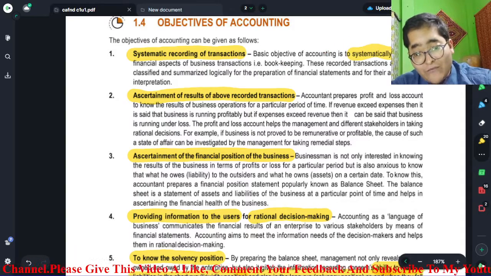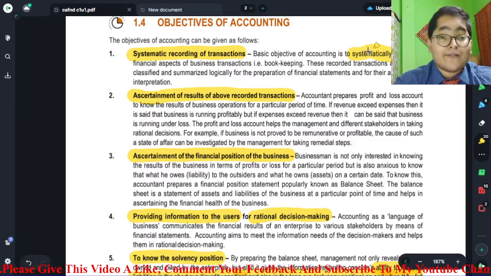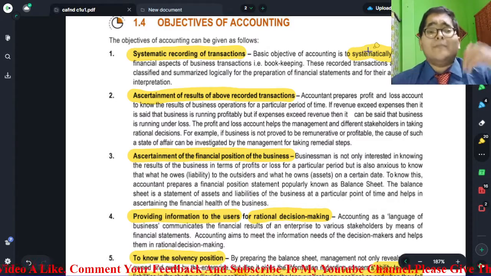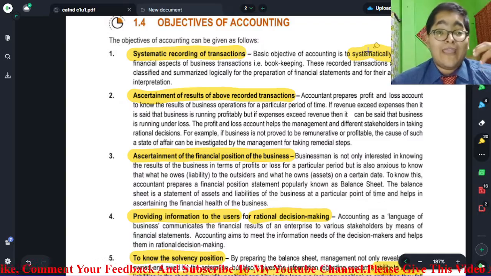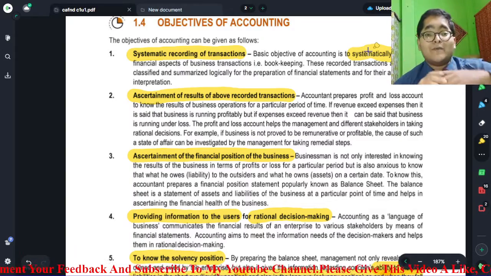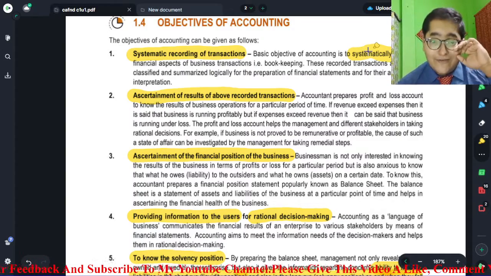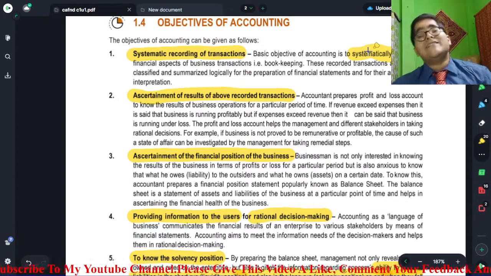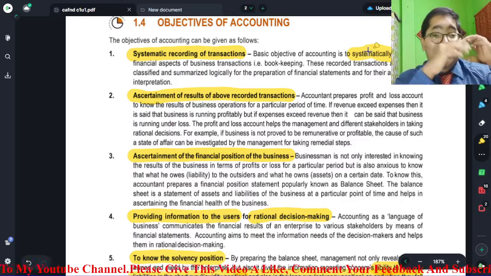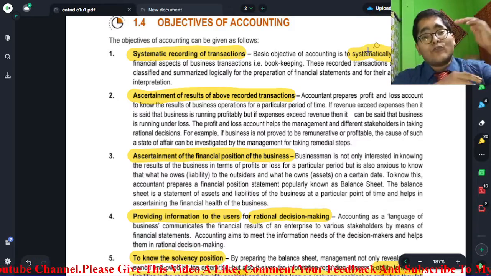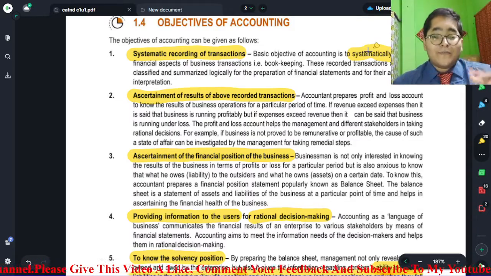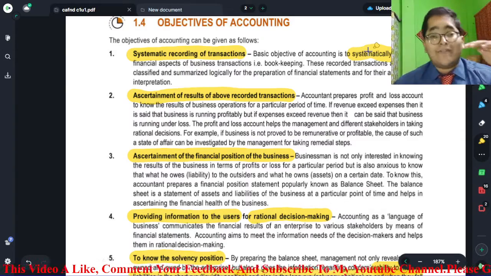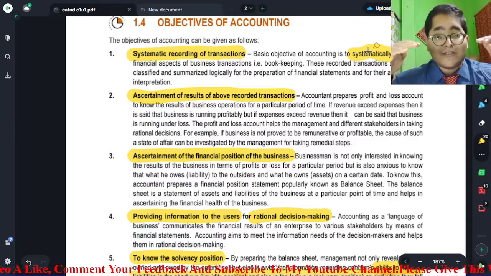This is the important keyword, systematically record, because information which is not recorded systematically would mislead or would not be usable to the proper extent. That is why it needs to be systematically recorded. For example, systematic recording is the recording of transactions in a chronological manner, which means the expenses for 1st January would be recorded on 1st January.